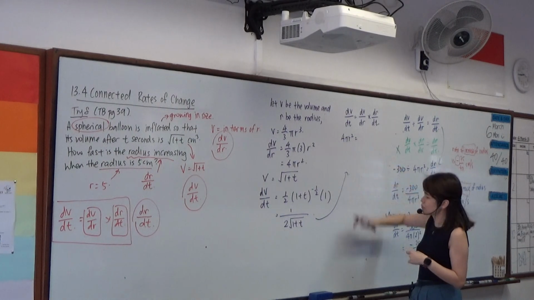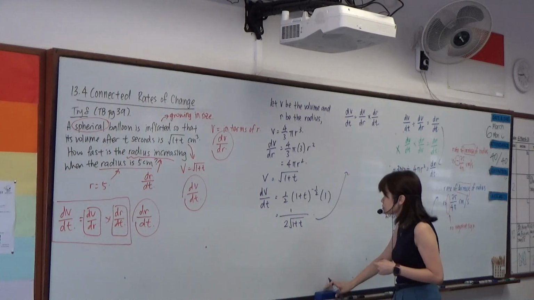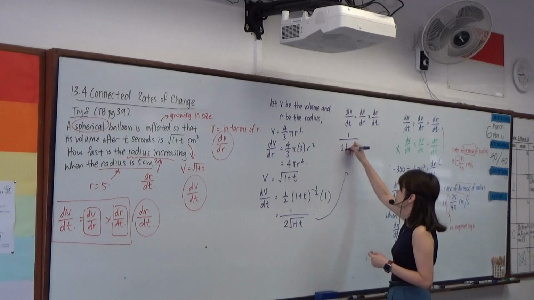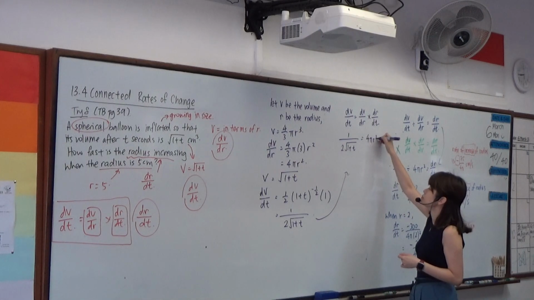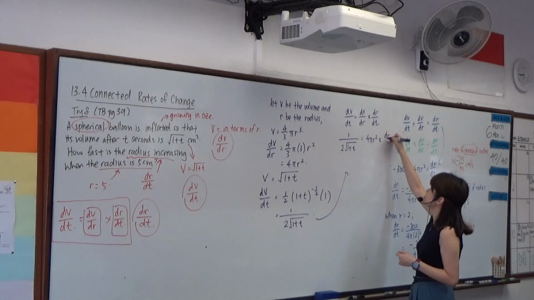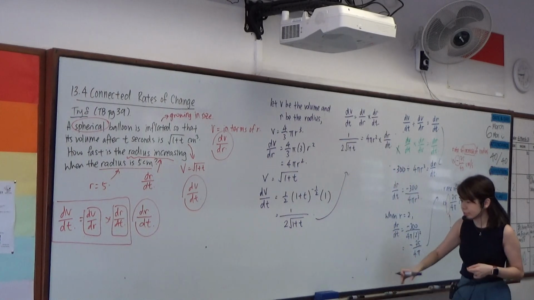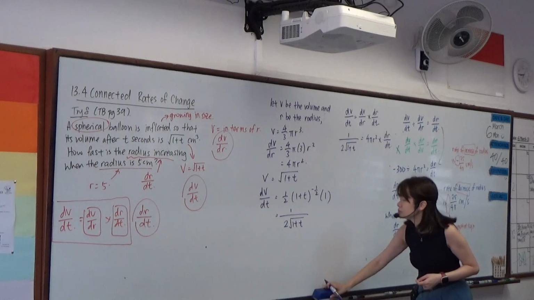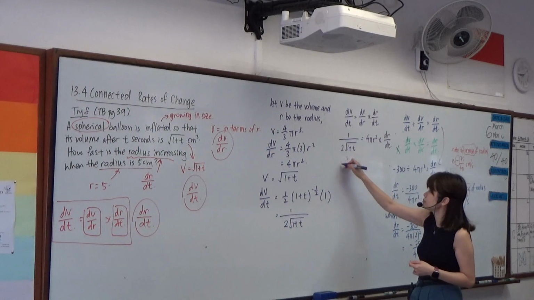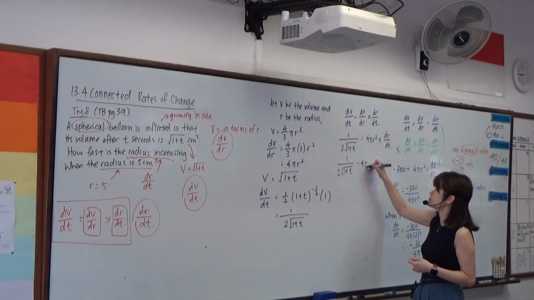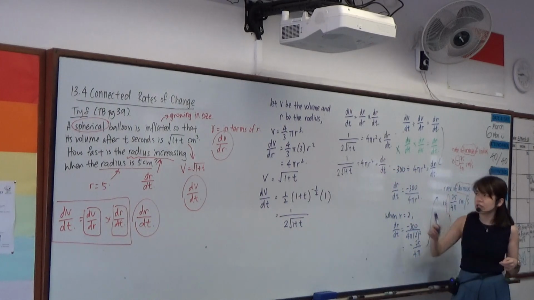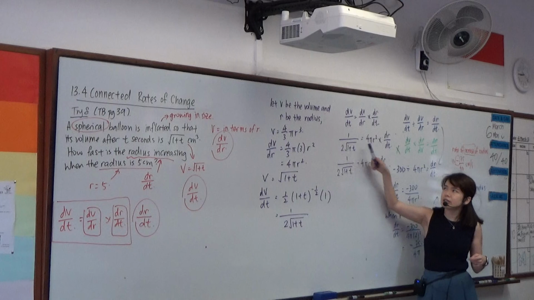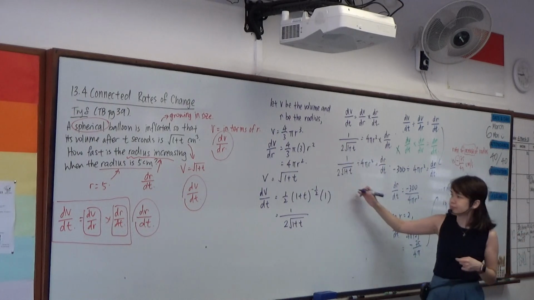Filling that up, we will have this. Your dr over dt will be taking this divided by 4 pi r squared.